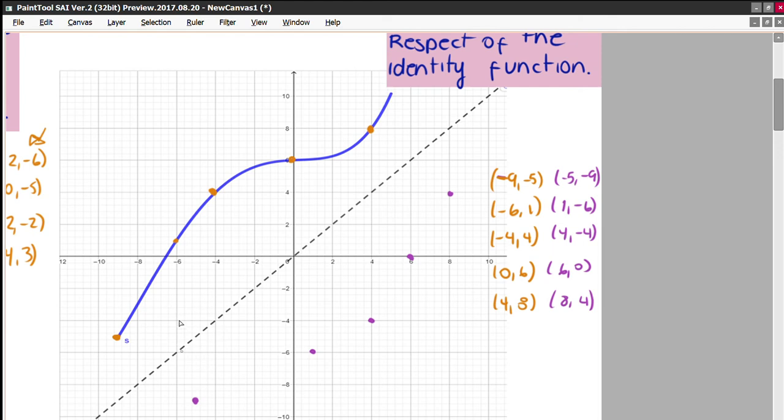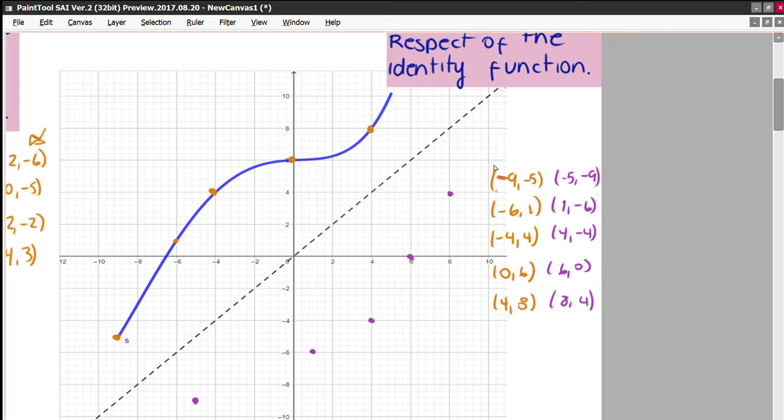Notice that if there is symmetry, if for a point in the function the graph goes away from the line, the symmetric function is going to do the same. If a point gets closer to the symmetric line, the inverse function is going to do the same.